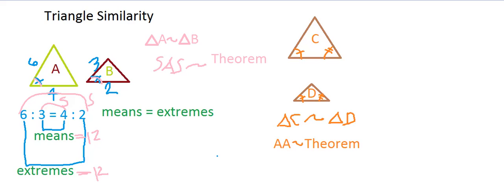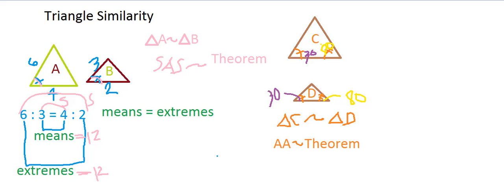So, for example, this angle here measures 30. Meaning, this is also 30, right? While if this angle measures 80, this is 80 as well.